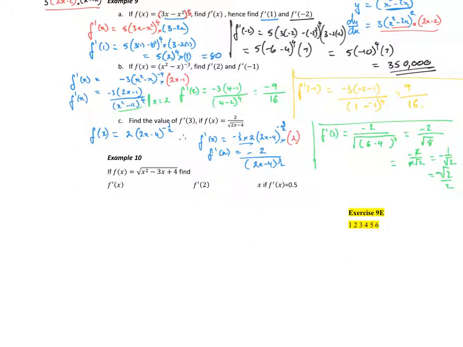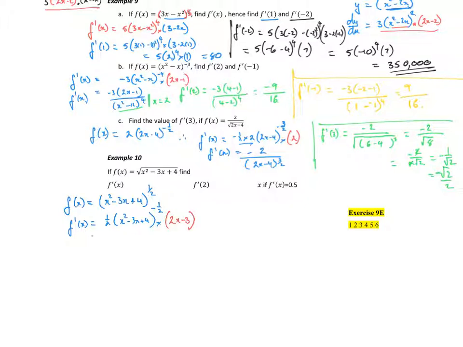So, first step, let's find f dash of x. I'll go with blue. So again, let's write f of x equals x squared minus 3x plus 4, to the power of a half. So that means f dashed of x is equal to, the half comes out the front, multiplies whatever is in the bracket. Take 1 from the power as we always do with our derivative, then times by whatever's in the bracket, which is 2x minus 3.